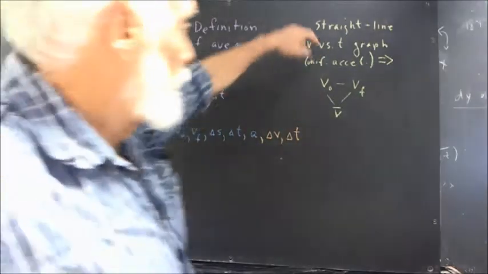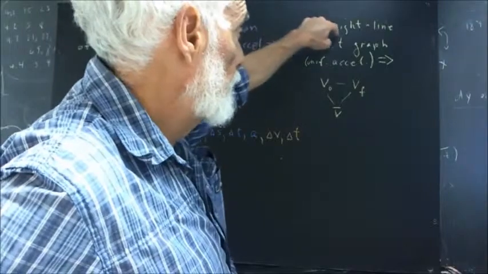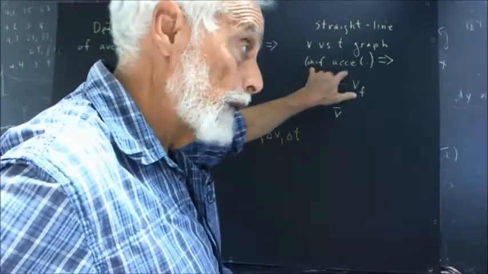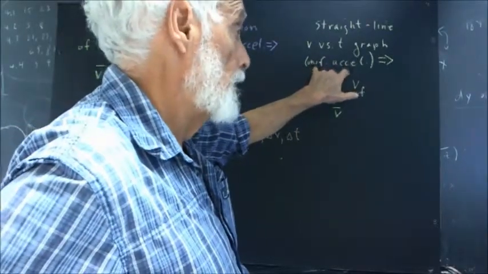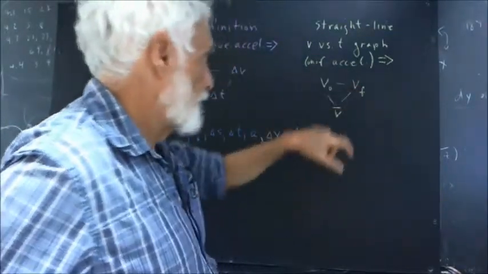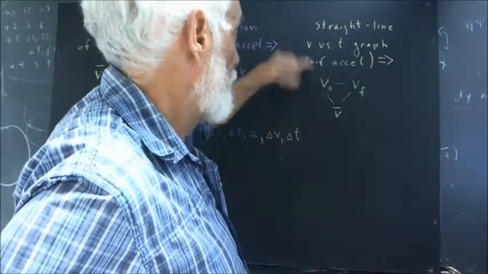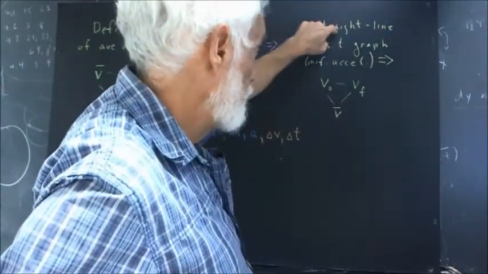Finally, you need to understand how a straight line v versus t graph means that you have uniform acceleration. At least make sure you understand that uniform acceleration is the same as a straight line v versus t graph.